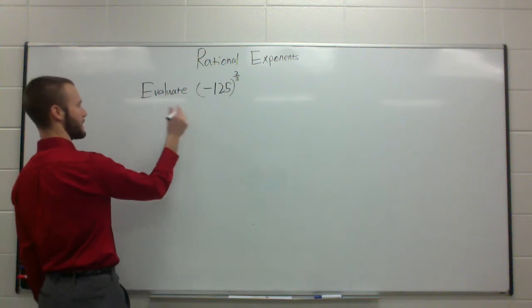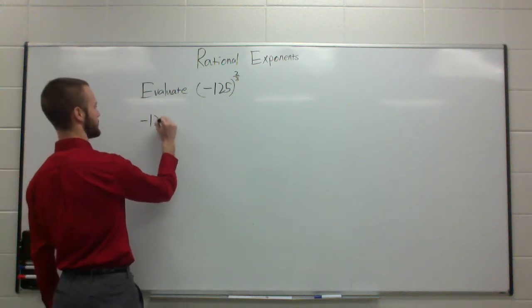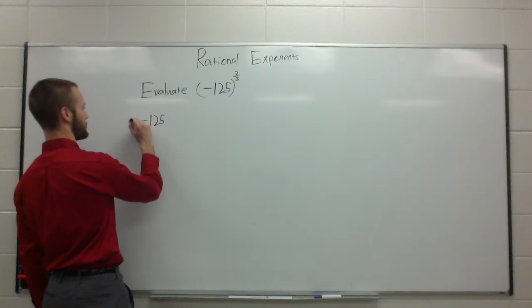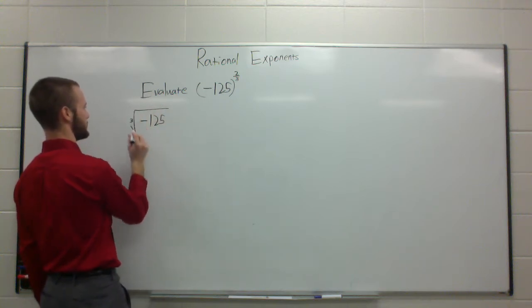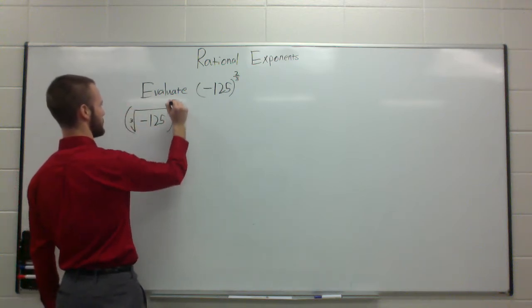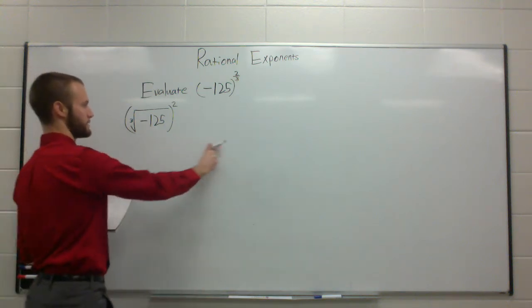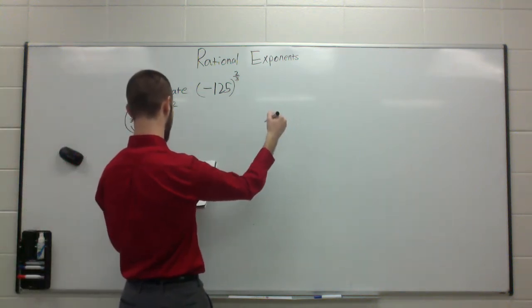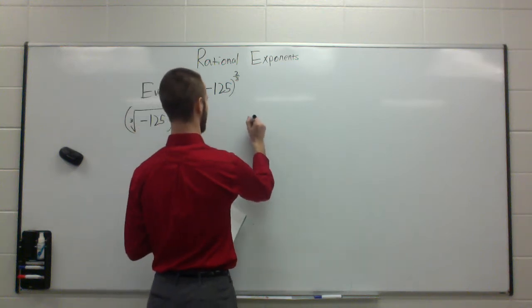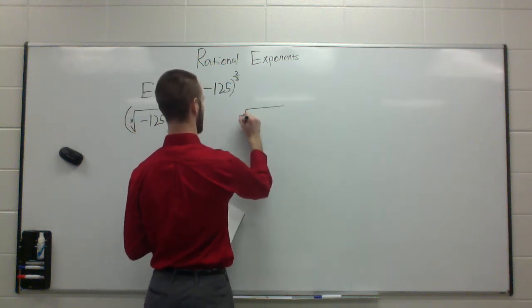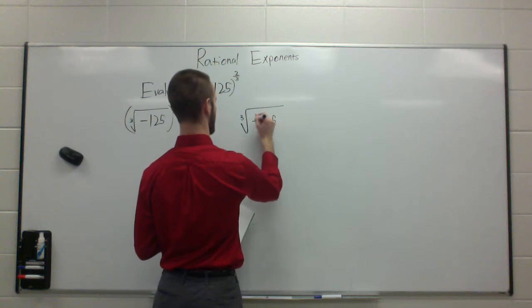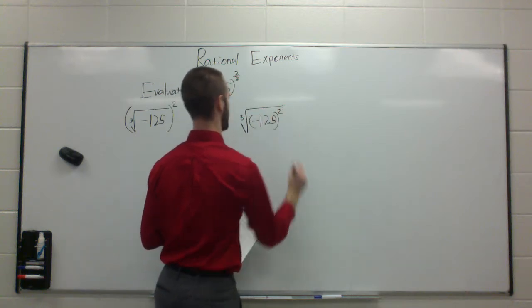So this is the same as the cube root of negative 125, all squared. Now remember we said it doesn't matter what order we do this. So what if we also did the cube root of negative 125 squared?